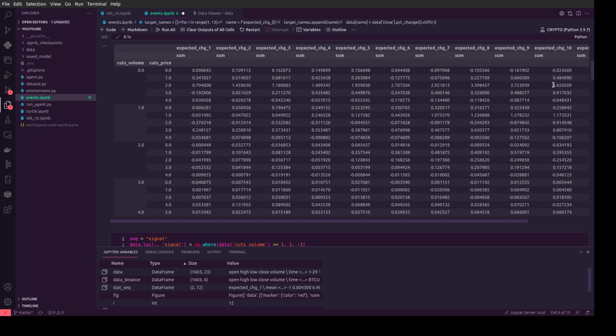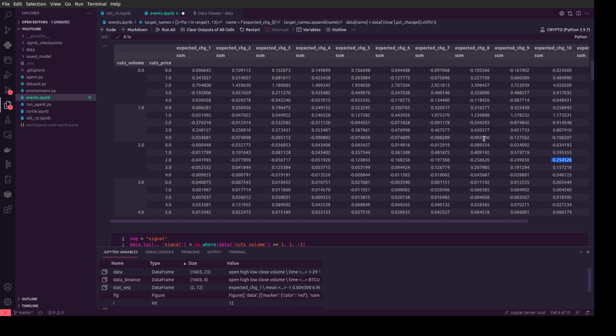And for example, you see we have some positive returns. If we have volume quantile 0 and price quantile 2, it gives us some good results for trading, and we could use this combination to analyze the data. Also, you should find the lowest values, for example like this, and this situation you could use, for example, to open a short or to reduce the position.